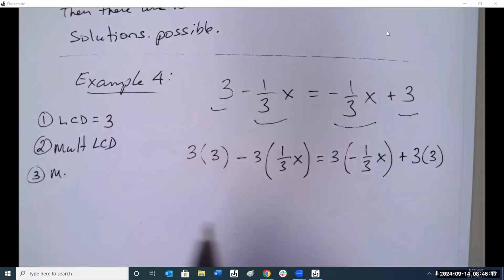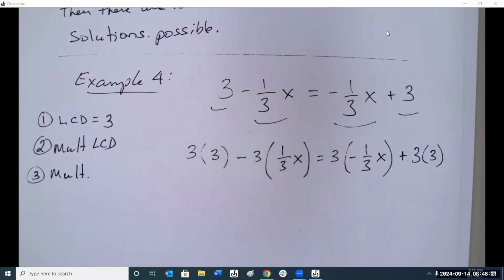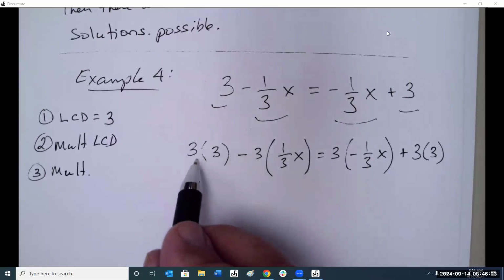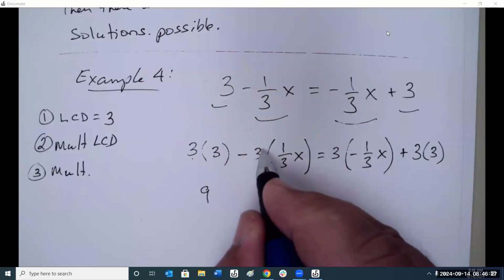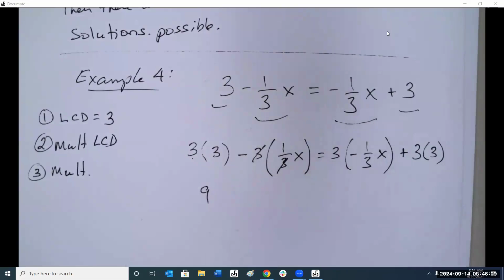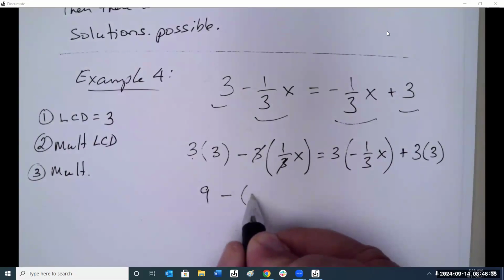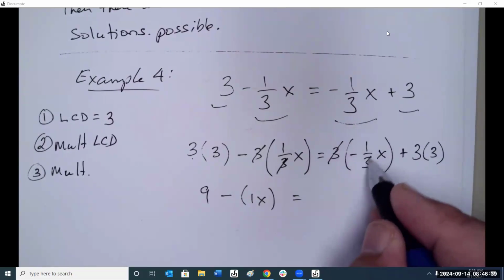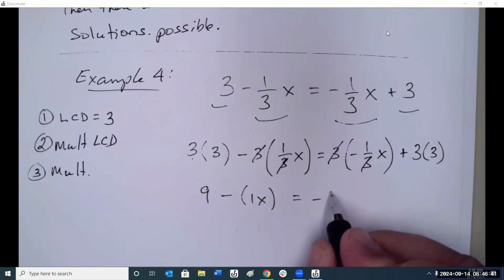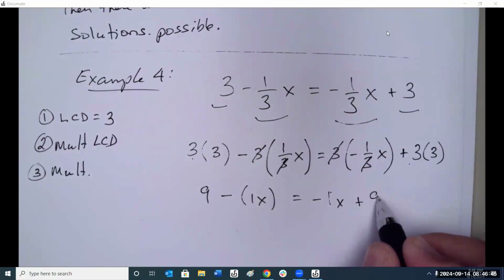Multiply to get rid of the parentheses. 3 times 3 is 9. Oop, reduce first. So the 3's cancel, so we have negative 1x. The 3's cancel here, so we have negative 1x. 9.